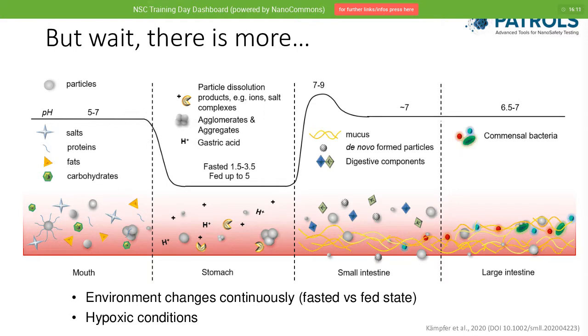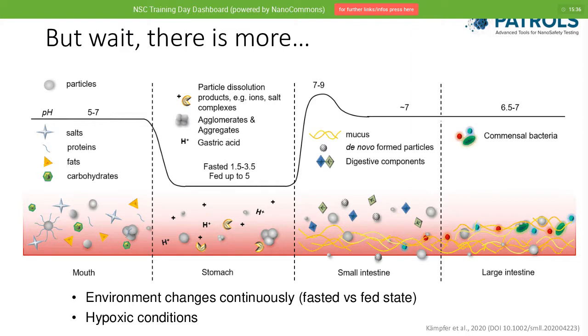However, apart from this vast diversity of cell types, there is a lot more that needs to be considered when looking at the gastrointestinal tract, because you have an ever-changing environment depending on the kind of food you're taking in or whether you are actually in a fasted or in a fed state. There is a huge variety in the different digestive fluids, starting with the saliva, going to the gastric acid in the stomach, and then the intestinal juices starting from the duodenum.